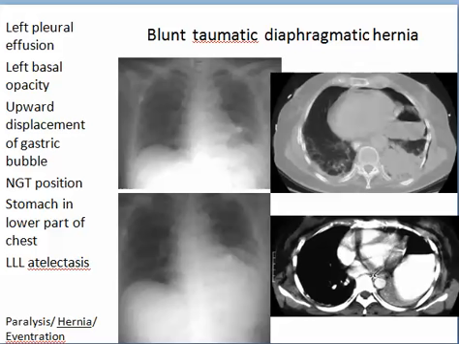This is blunt traumatic diaphragmatic hernia, best seen in reconstructed coronal and sagittal views by CT.